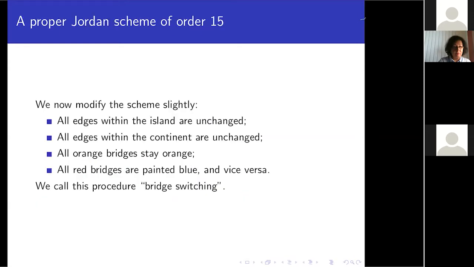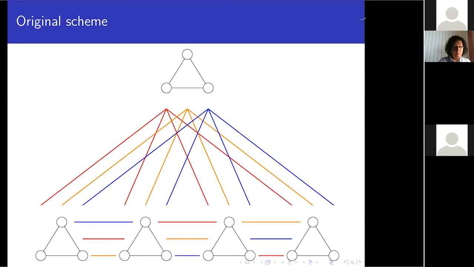And now we do this generalized switching, where we basically just interchange two bridges. We take two colors here. We fix one of the colors. I think we fix the red color, and we interchange the orange bridges with the blue bridges.